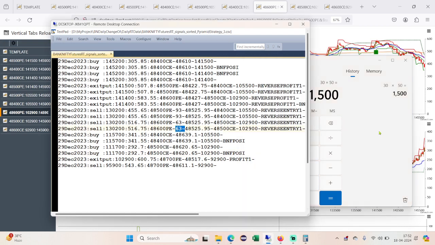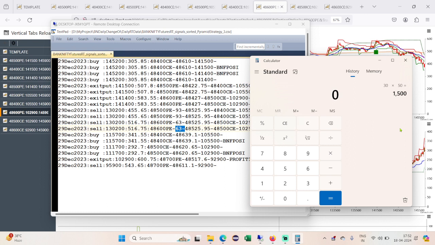So how are we going to do that? Let's see what is the total loss of 63 points for trading two lots. So 1,890 is lost. Now, as I said, for every 50 points we have a profit target of 1,500 rupees, right?